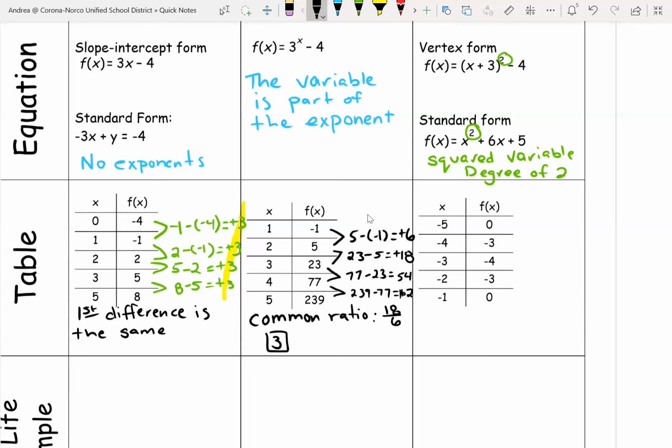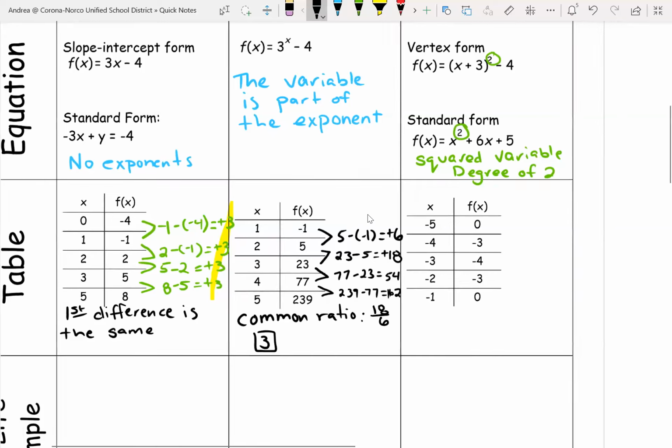If you did the same thing, 54 divided by 18 would also be 3. 162 divided by 54 would also be 3. So your common ratio is 3. You're multiplying by 3 over and over again. Any questions over that?